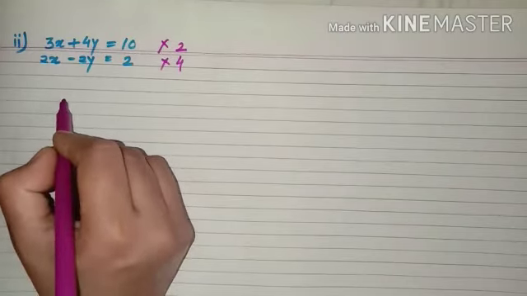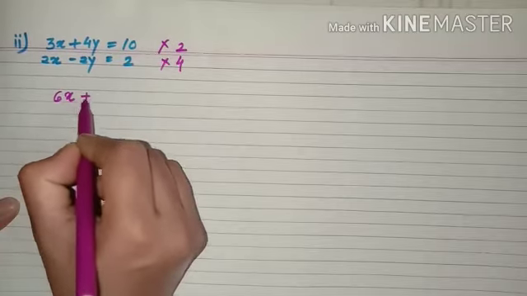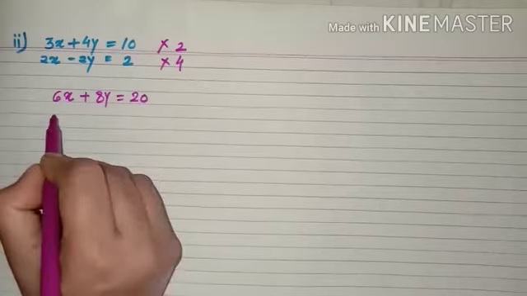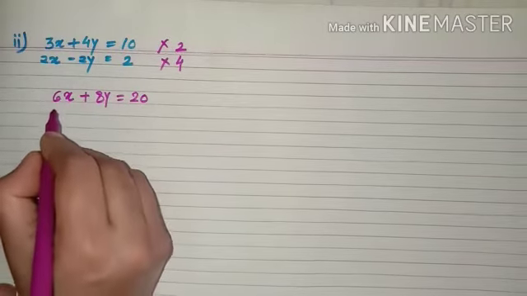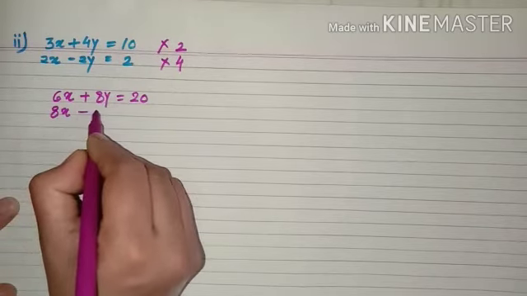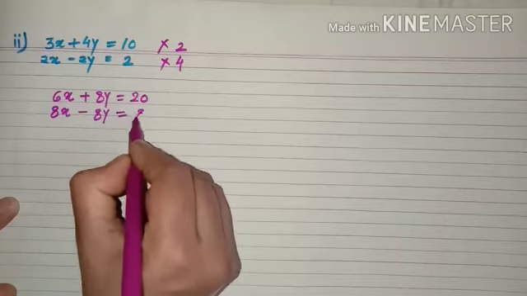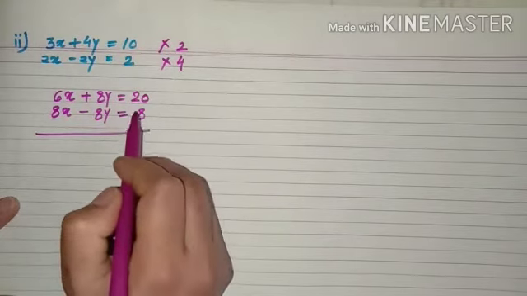What will you get? If you multiply the first equation by 2, you get 6x plus 4 2s are 8y equals 10 2s are 20. And when you multiply the second equation by 4, you get 4 2s are 8x minus again 4 2s are 8y equals 4 2s are 8. Now you have to think whether to add or subtract these two equations. Since both y terms have opposite signs, we will add.